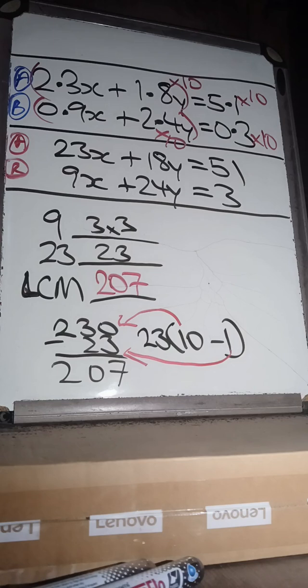So either way, we want this to be 207x, and we want this to be 207x. Right? So we're going to get the two of them right there. Alright? Yeah. So we have the two of them. So that takes care of that.